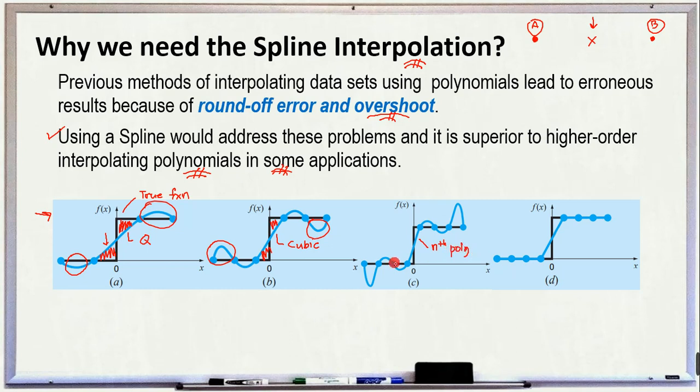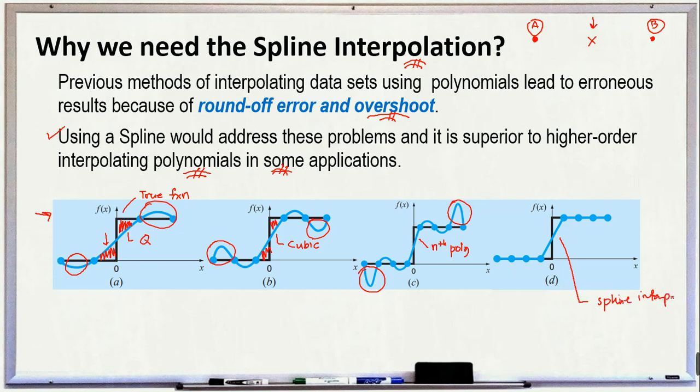But still, the problem is ang pag-generate sa polynomial or ang pag-generate sa kanang estimated function is naagapon siya overshoot. It is still containing overshoot. Whereas if we look at letter D, okay? For letter D, it uses the spline interpolation.